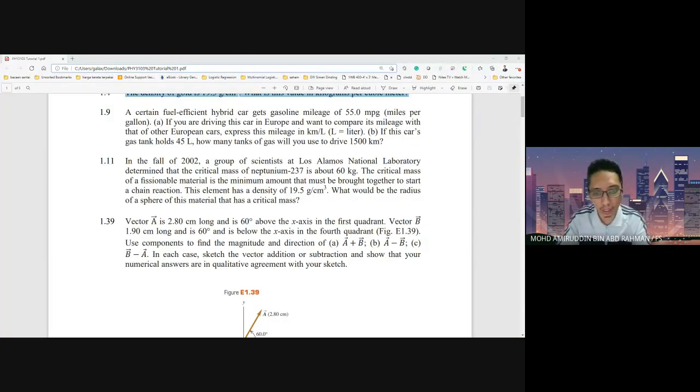So V equals pi over 3 r cubed. So everyone got that?